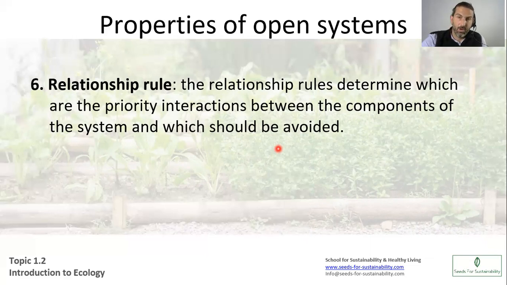Another case, really important for us as designers, is the principle of relative location, where we really look at where a certain element is situated, and then look at the different interactions, the beneficial interactions and the negative interactions that we're trying to avoid. So this rule becomes really important for us as designers when we decide where to put things.